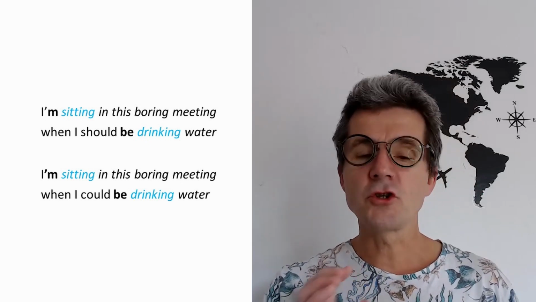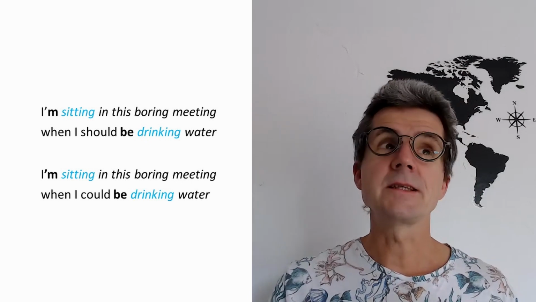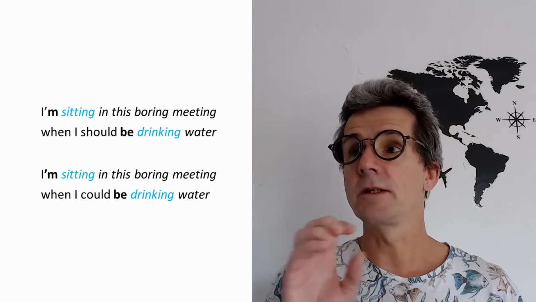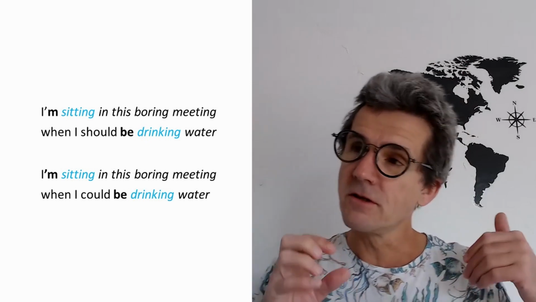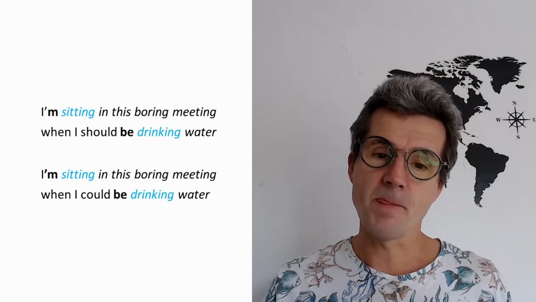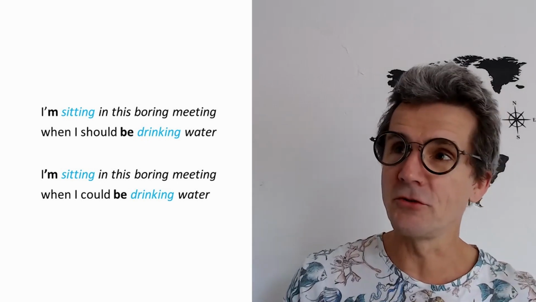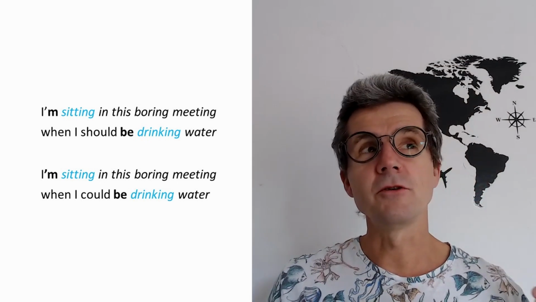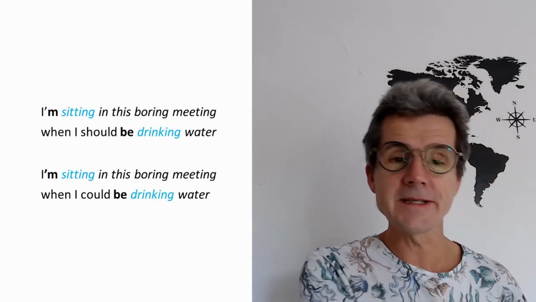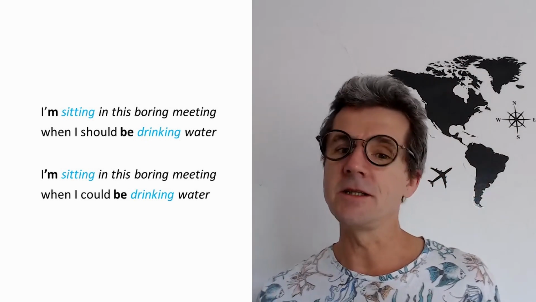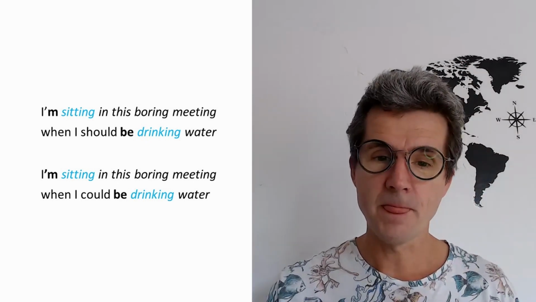And the other one, the should be drinking water, is the ideal action. This would be the right action to be doing. But it's not happening because you're doing this other action, which is sitting in a boring meeting.